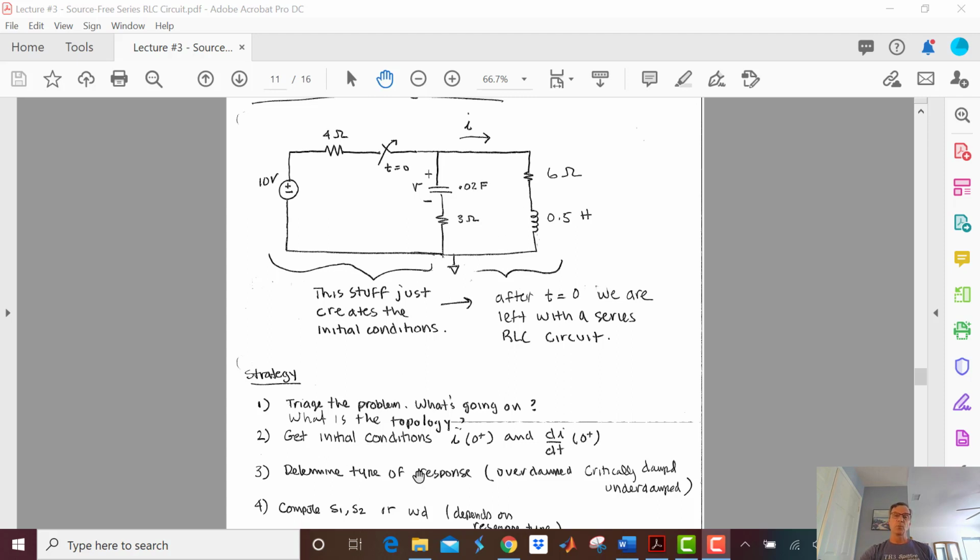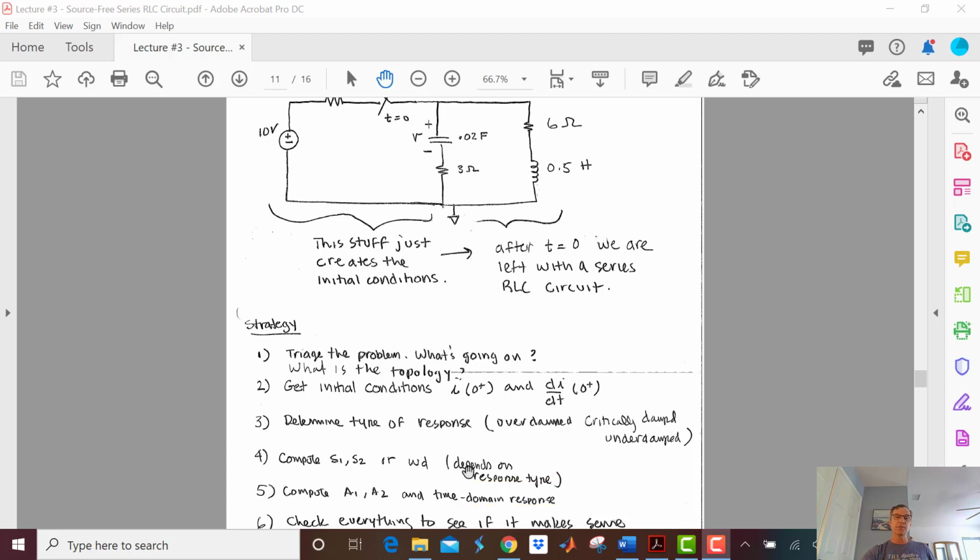And then we're going to get the initial conditions, I of 0 plus and di/dt of 0 plus, because that's what we need to get our A1 and A2. And then we're going to get our S1 and S2, and they're going to tell us whether we're overdamped, critically damped, or underdamped.